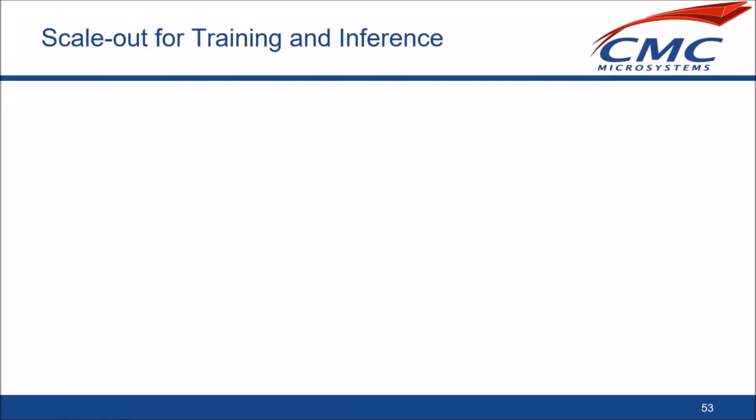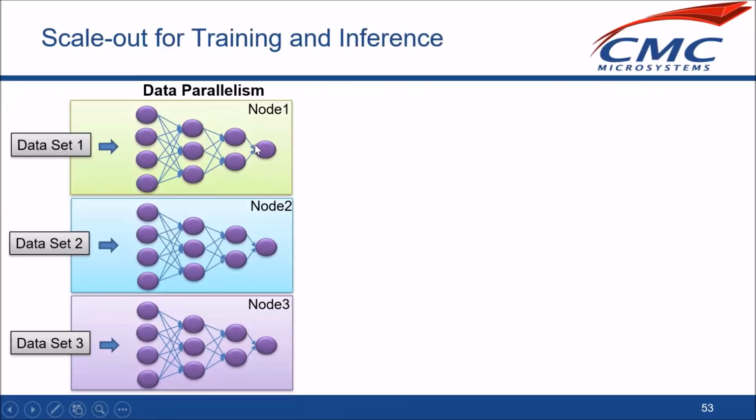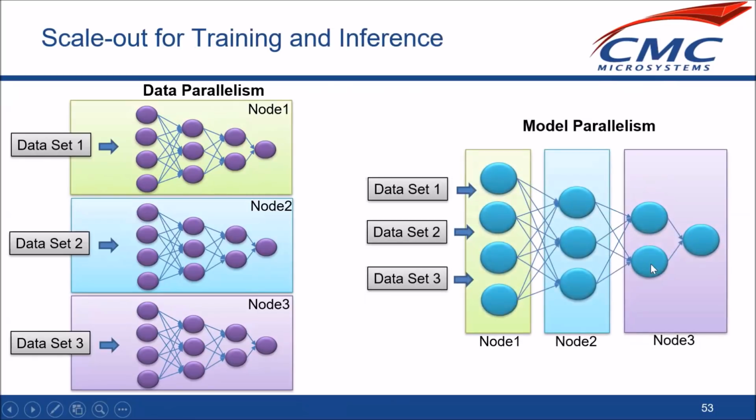The way to use this is either you can use different nodes using data parallelism to train different networks, or you can split the network on different nodes, and then you can accelerate training in these two different ways.